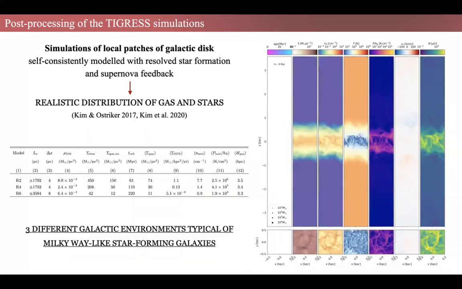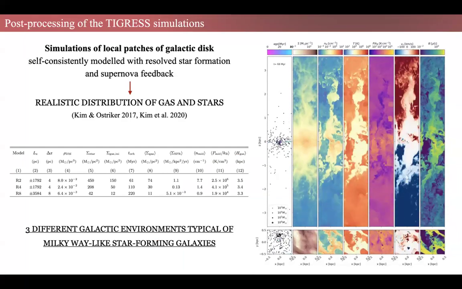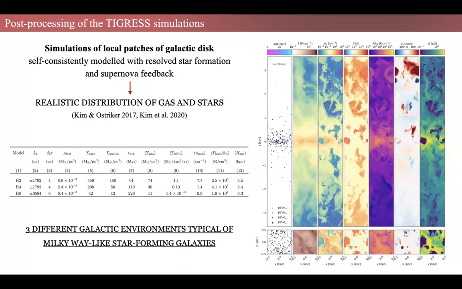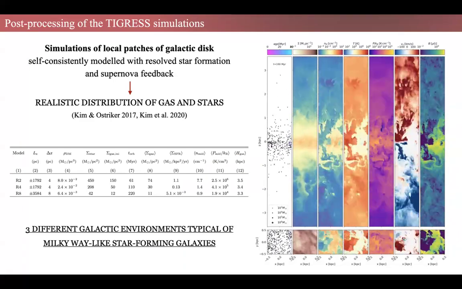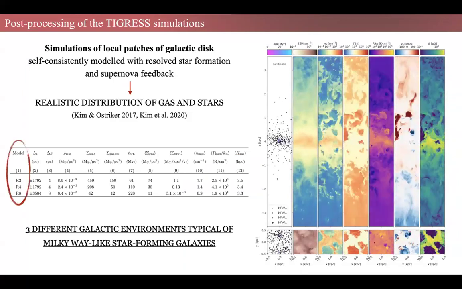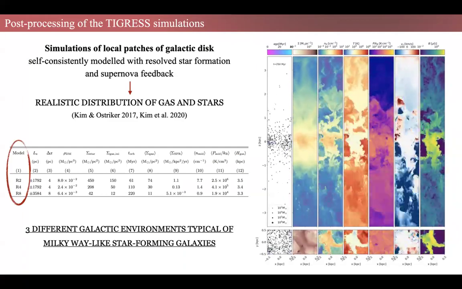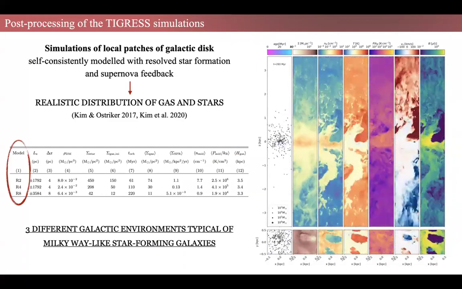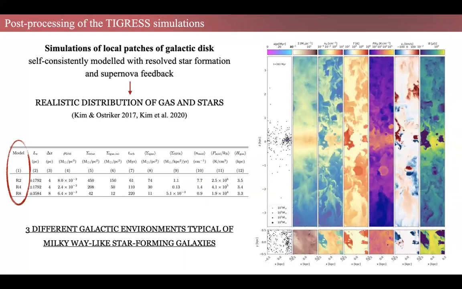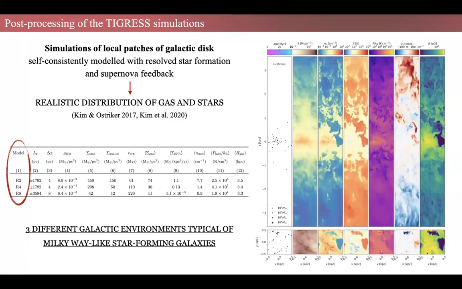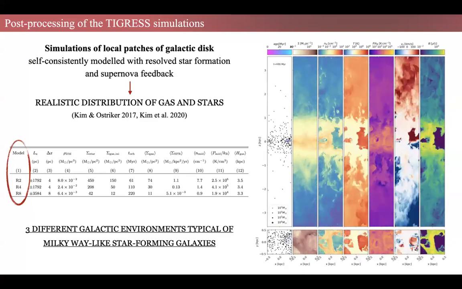Now, we computed the transport of cosmic rays within 3 different galactic environments simulated with Tigris. The properties of the 3 environments are listed here. They are called R2, R4, and R8. And together, these 3 environments cover a wide range of galactic conditions in terms of star formation rate surface density, gas surface density, and gravitational weight.